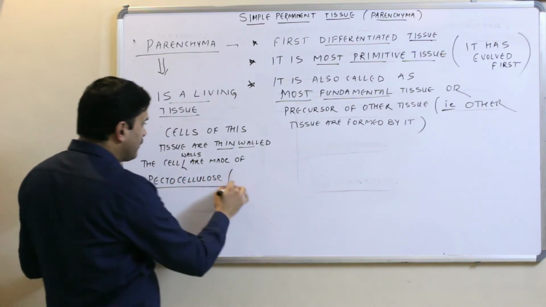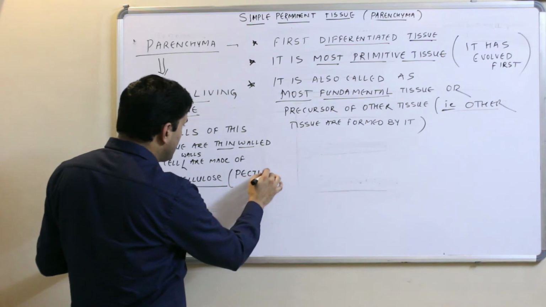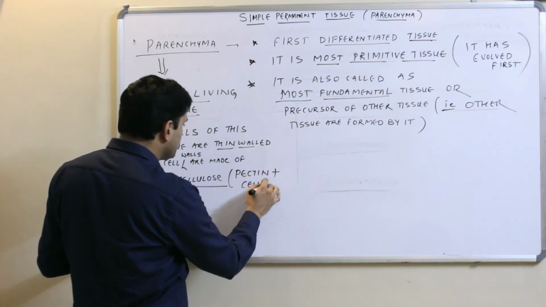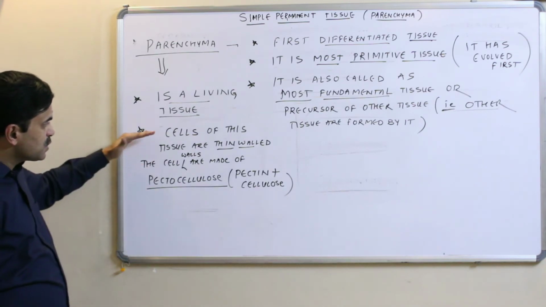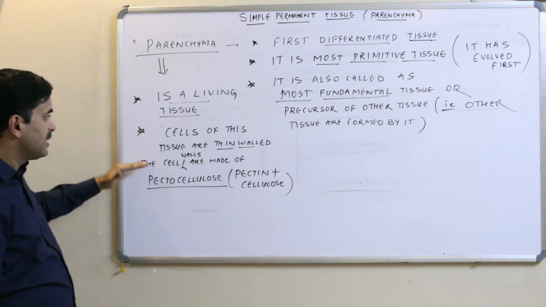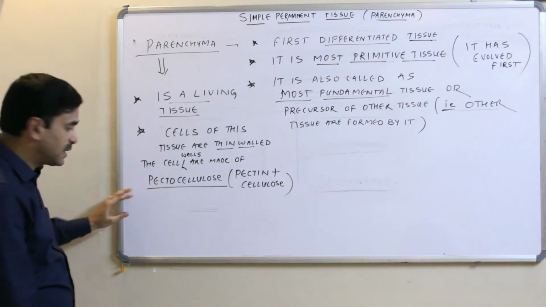That is, they are made of pectin plus cellulose. Pectin plus cellulose is equal to pectocellulose. So cells of this tissue are thin-walled and the cell walls are made up of pectocellulose.